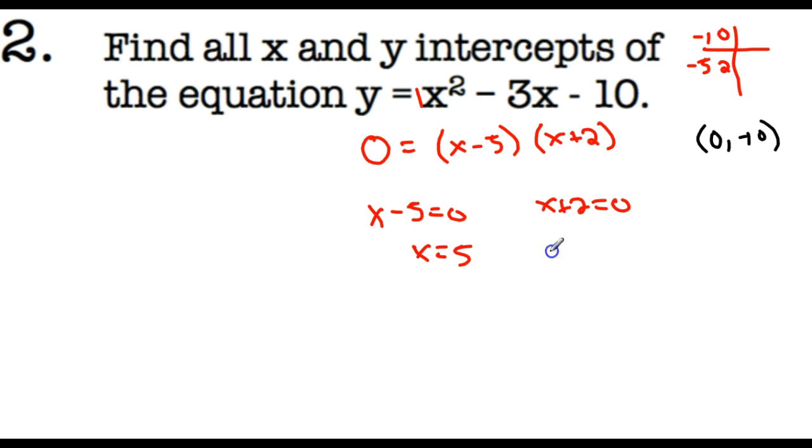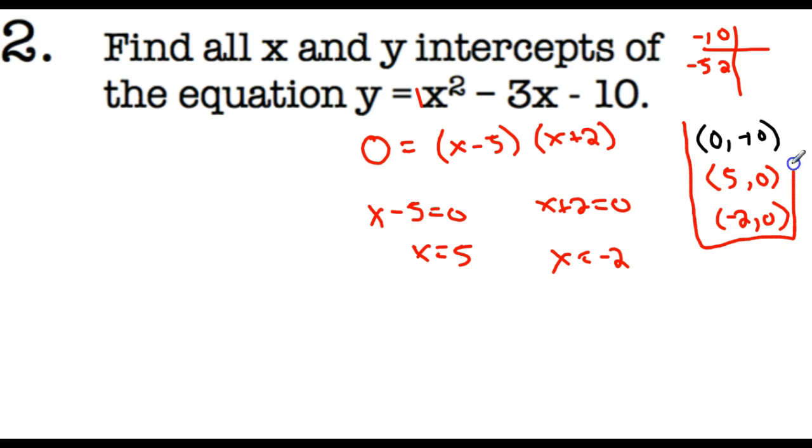Subtract 2 from both sides here, you get x equals negative 2. Once again, put it in here, negative 2 squared is 4, minus 6, not minus 6, plus 6, and then minus 10 will give you 0 as well. So that tells me x is 5 when y is 0, and x is negative 2 when y is 0. And those are my x and y intercepts there.